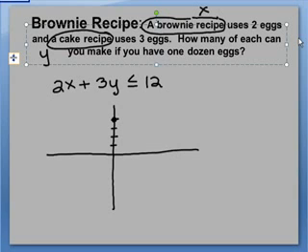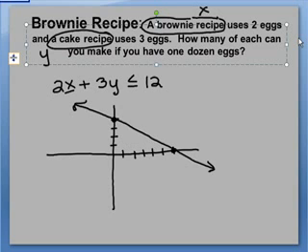What x value times 2 will give us 12? Well, that would be 6. So the x-intercept is 6. I'm ready to draw my line. I want it less than or equal to, so it's a solid line.